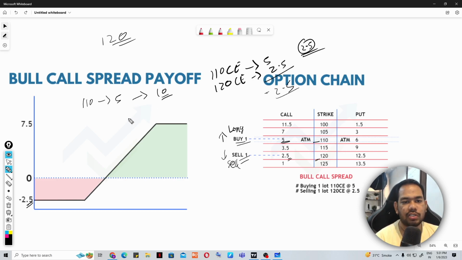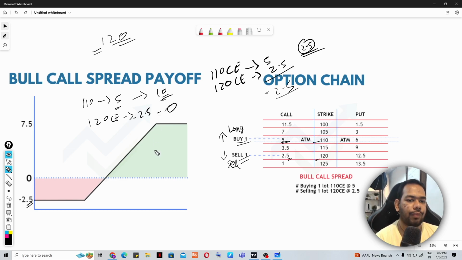Why? Because at expiry, if your underlying is at 120, your 1110 call option will definitely be at 10 rupees. So your 5 rupee call option will go to 10 rupees, and the 120 CE you sold at 2.5 will go to 0.